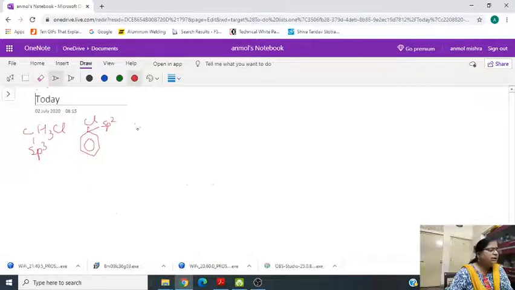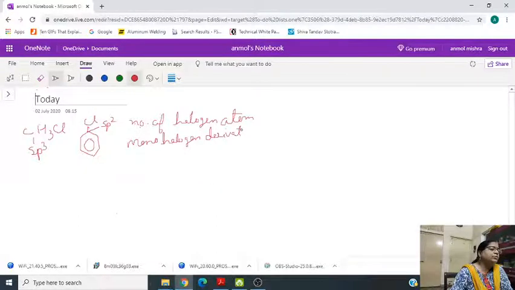Now we will start studying the classification of haloalkanes and haloarenes. The first classification is on the basis of the number of halogen atoms. On this basis, they are classified as monohalogen derivatives, that is, one halogen atom is present in it.